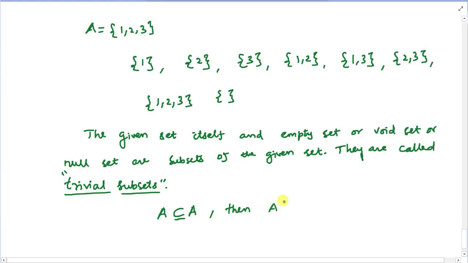Then A is called improper subset of A. So A itself subset of A set. Then A is called improper subset of A.